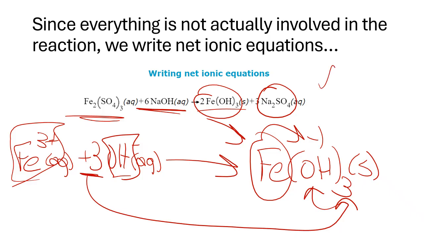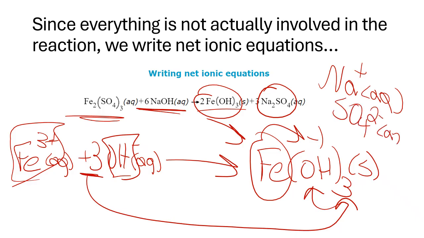And so the spectator ions are Na+ and SO4 2-. Those are the ions and they don't react. It seems like those two are bonded together, but really they're aqueous on both sides.